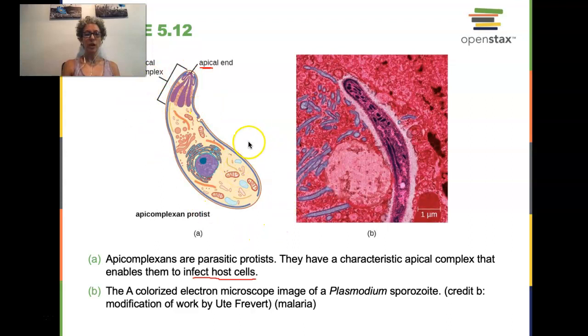They are eukaryotic because they are protists. So that means they have their nucleus. We can see their rough endoplasmic reticulum, the Golgi, mitochondria, and other organelles.